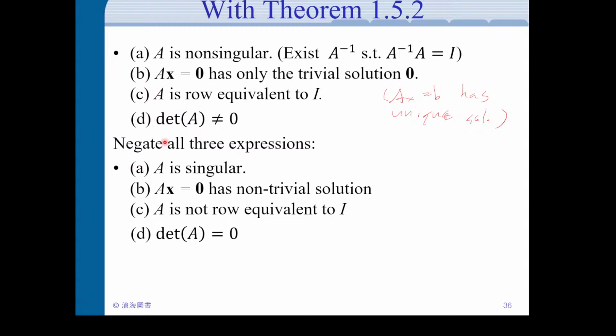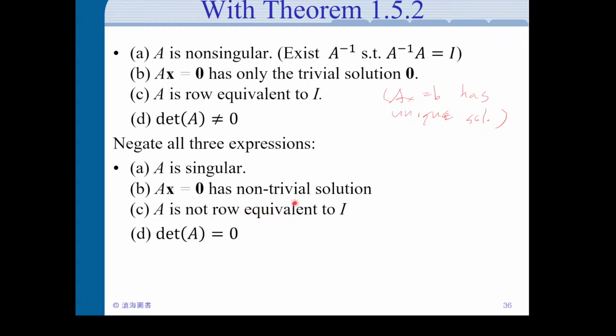And now we have the fourth one, which says that the determinant of A is not equal to 0. Yeah. And then we can negate everything and get that A is singular, which means you cannot find A^-1, if and only if Ax = 0 has a non-trivial solution.